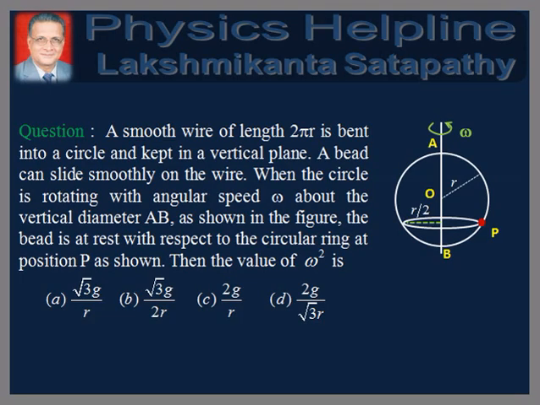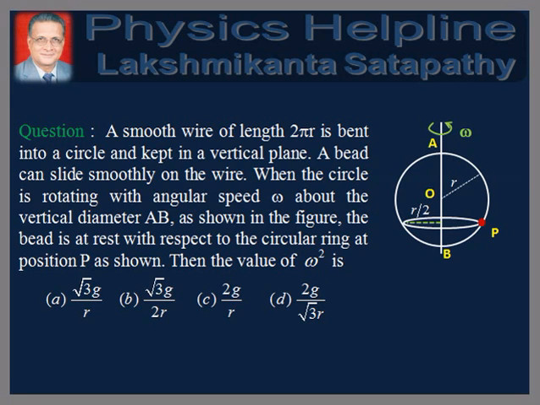A smooth wire of length 2πr is bent into a circle and kept in a vertical plane. A bead can slide smoothly on the wire when the circle is rotating with angular speed omega about the vertical diameter AB as shown in the figure.